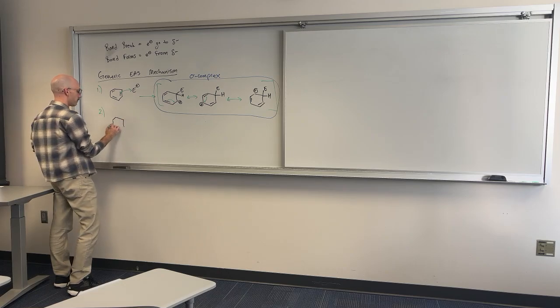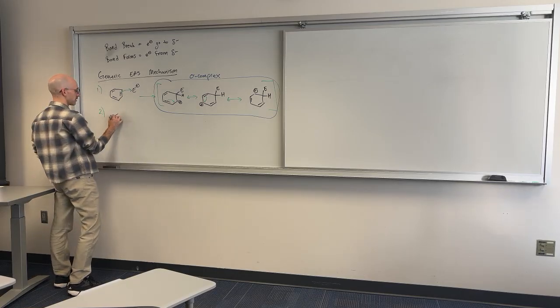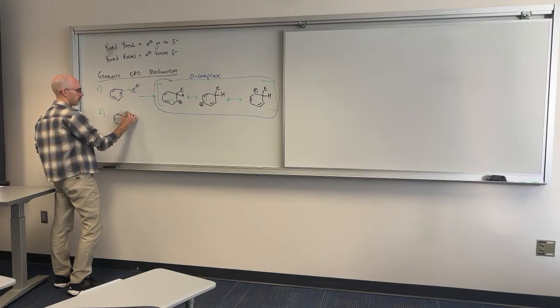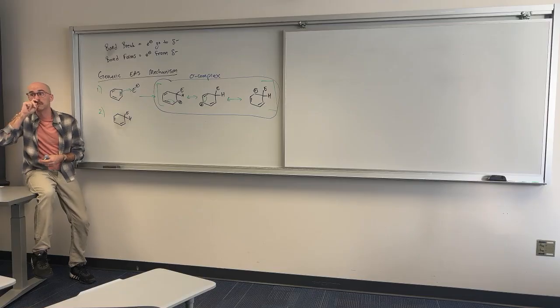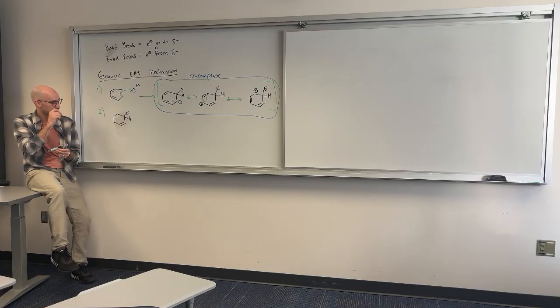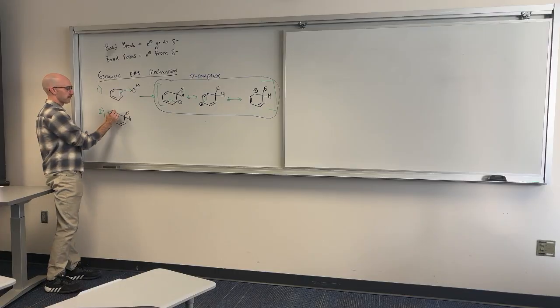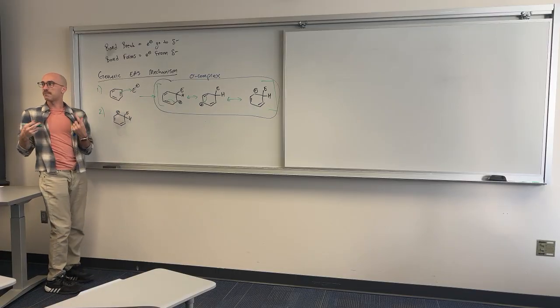Step 2 is that whichever resonance form you want to show, since we drew this resonance form last, that's the resonance form I'll show. All resonance forms are the same molecule, so it does not matter which resonance form you actually pick. And then I've got my carbocation on the top here. There is a base.